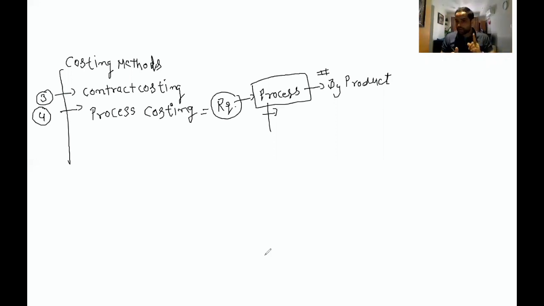The product cannot be finished with one raw material. It needs multiple materials, different types of material we have to add to get products ready.